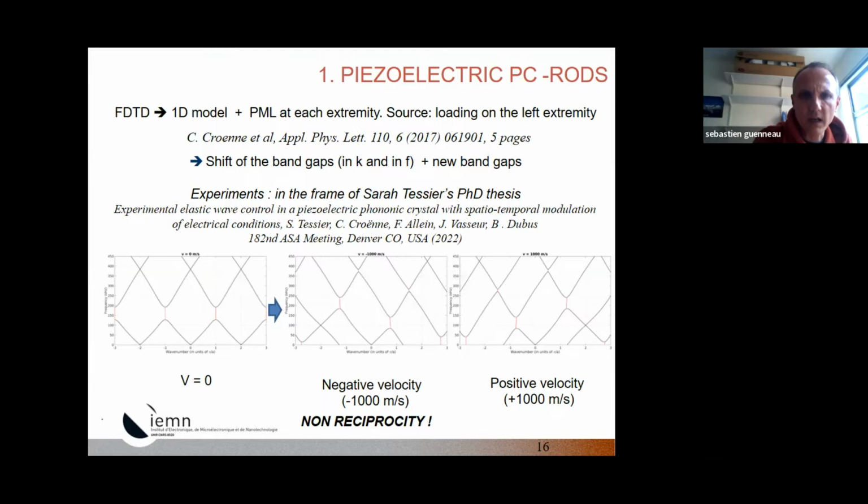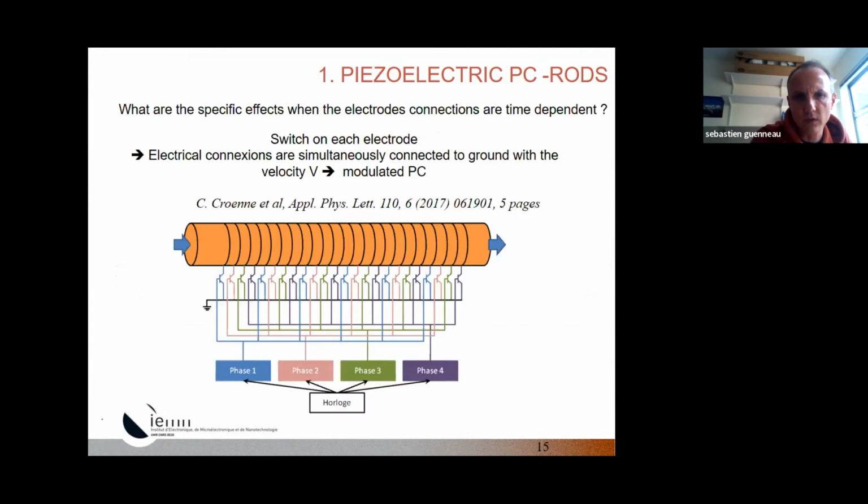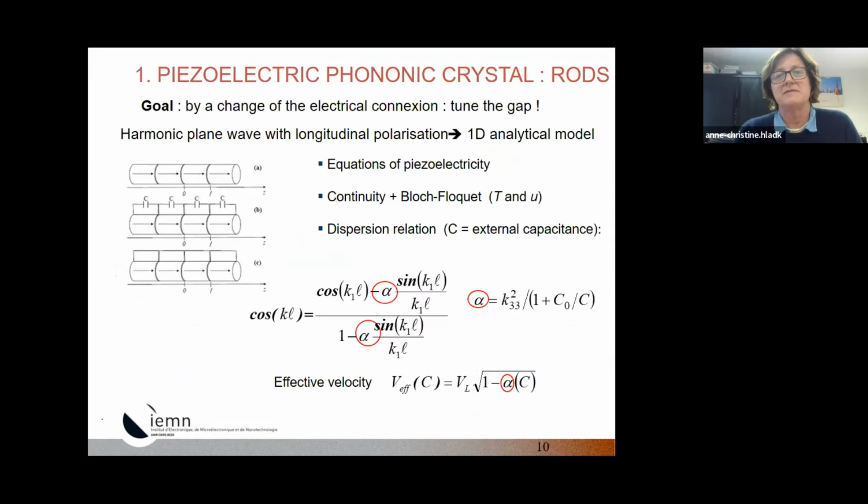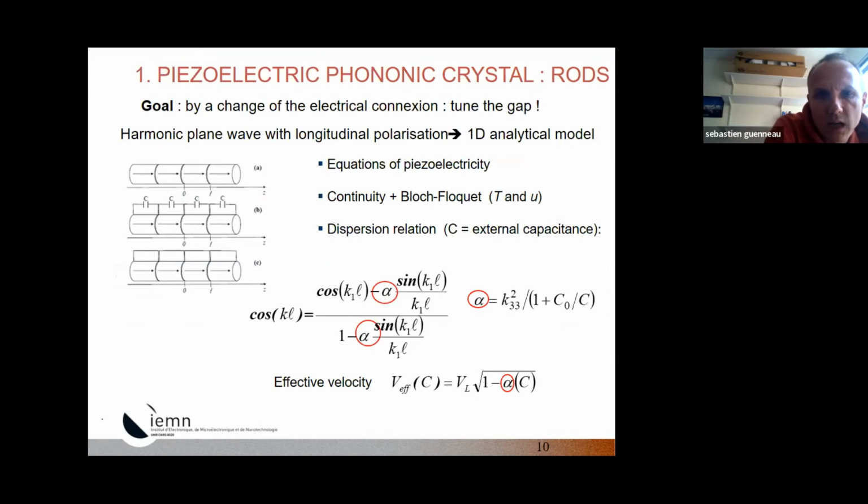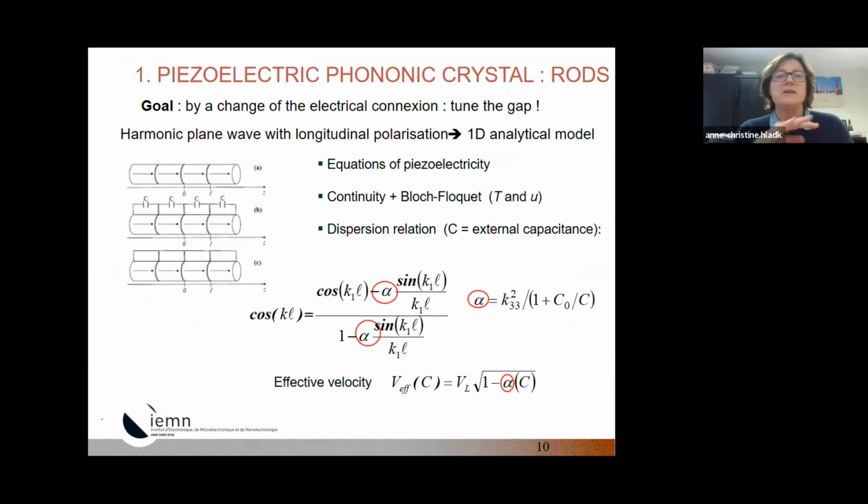No, I think there was another slide where you have shown some kind of... yes, that was alpha. So you're simply using the usual transfer matrix theory to do that? No, it's only propagation. I use equations of piezoelectricity and some boundary conditions and continuity. We can use transfer matrix to do it, but in that case, here it's only an analytical model.